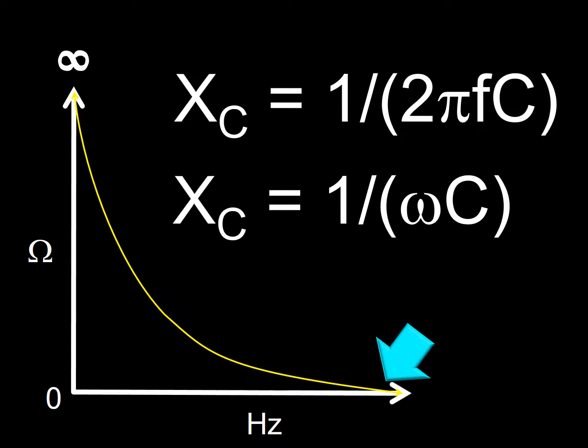That is, the higher the frequency of the current, the less the capacitance reactance will be, to the point that very high frequencies will go unimpeded by the appropriate capacitor, whereas direct current may be completely blocked.